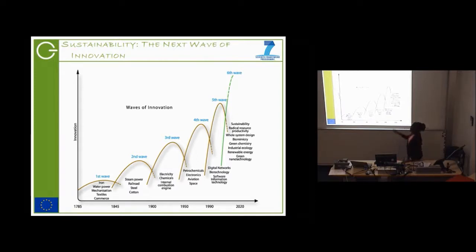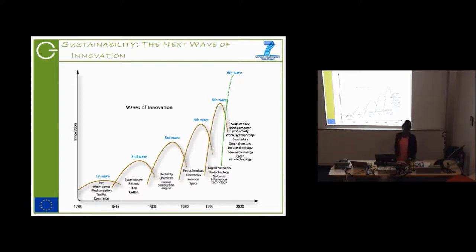If you look at waves of innovation, people have gone back and said the first wave, things to do with water and iron, were really big. At the moment, we're getting into the sixth wave, and it's full of things like sustainability, green issues, renewable energy. So you can see the green trend in there.